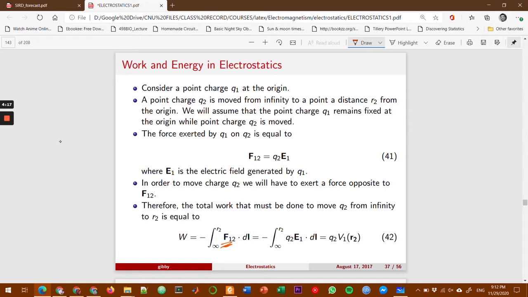So that formula is actually the definition of work, right? Force times distance.